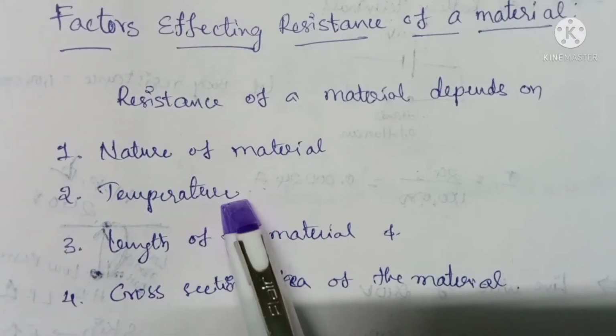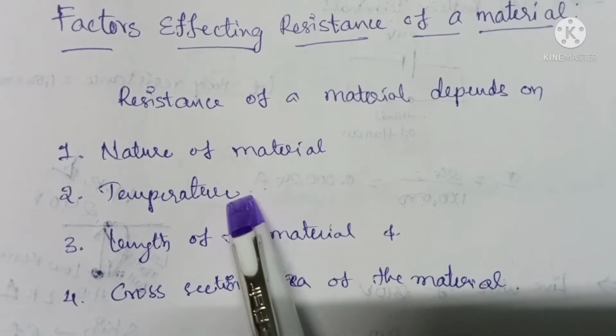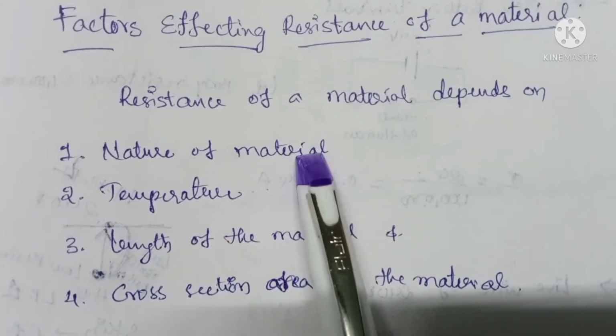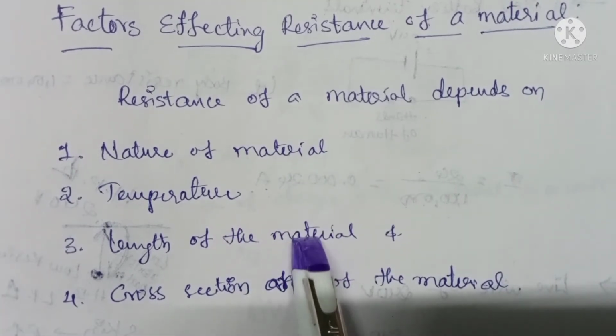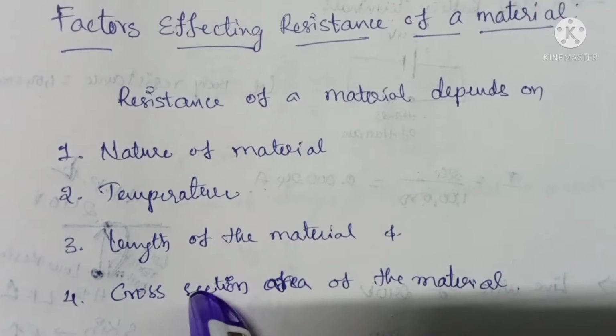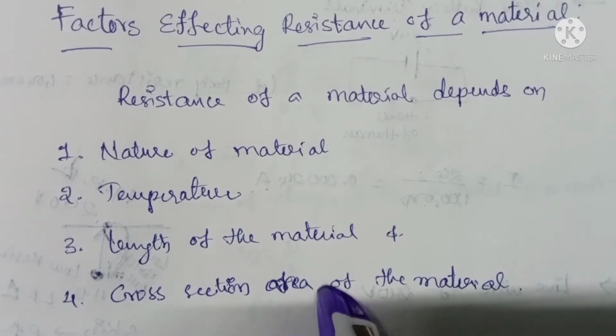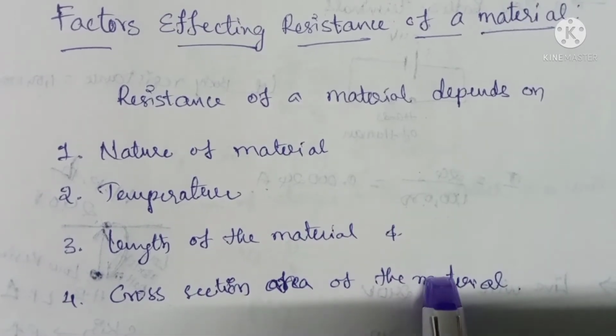As temperature changes, resistance of that material changes. Different types of materials have different resistances. As length changes, resistance also changes. When cross sectional area changes, that material's resistance also changes.